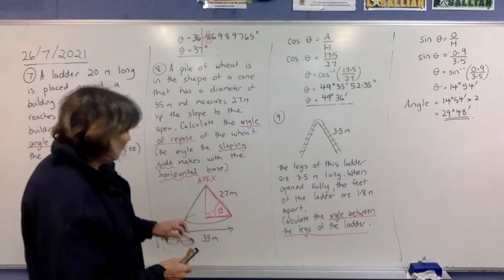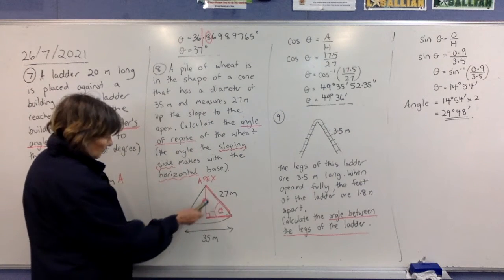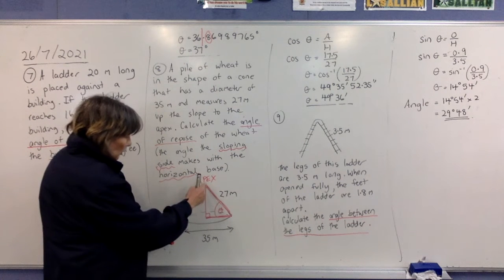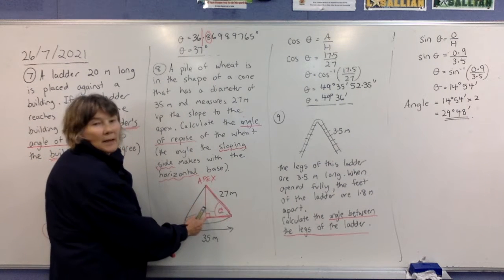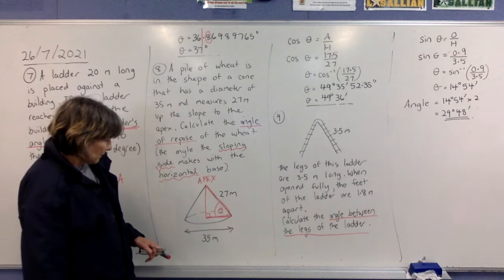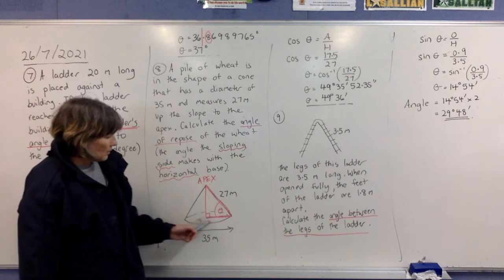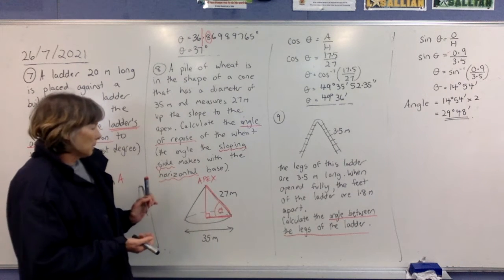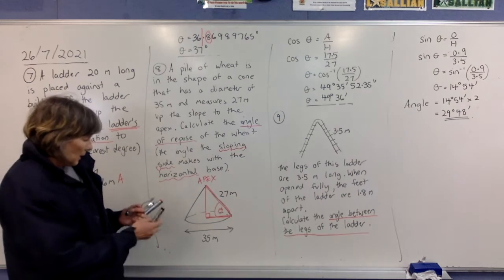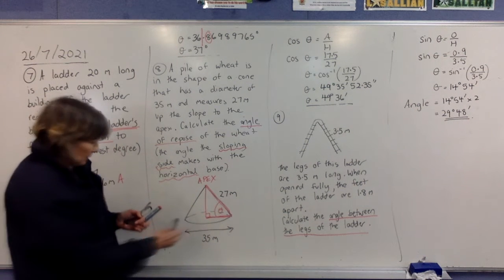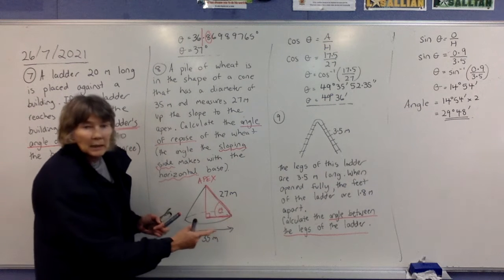You can see that we've got a right angle triangle here, right? So even though they didn't give you a right angle triangle, you can go straight from the apex down. It's going to hit the centre of the circle on the base shape down the bottom there. Okay, so we're looking at a bit of a cross section inside this three-dimensional shape. All right, so if this is 35 from here right across for the diameter, this is going to be exactly halfway.